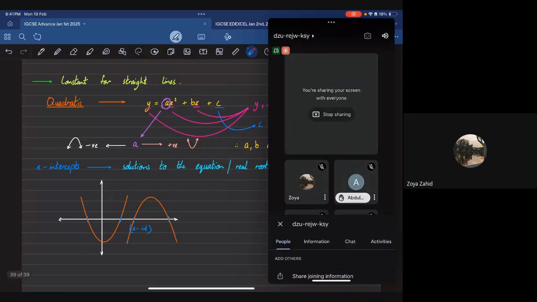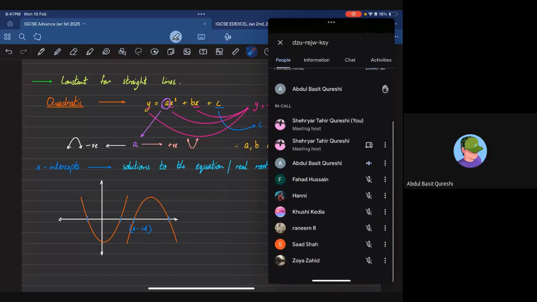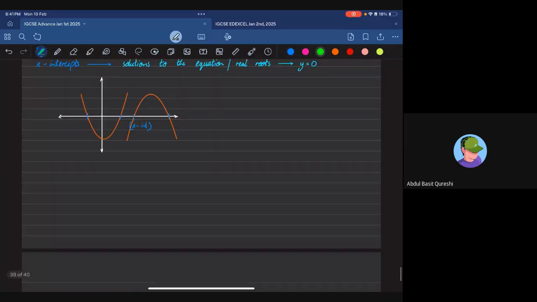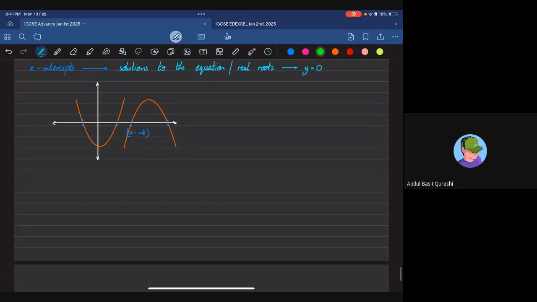Yes, Basit. We draw a tangent. You draw a tangent. Why do we draw a tangent, Basit? So that we can calculate rise over run, change in y over change in x. But why? Because we cannot calculate the gradient of a curve, we need a straight line.